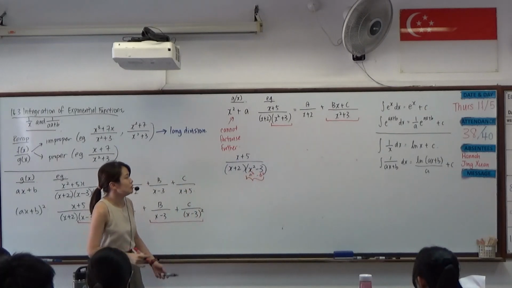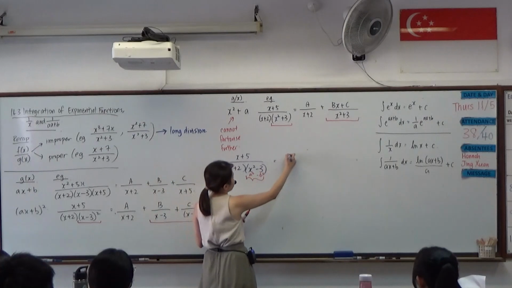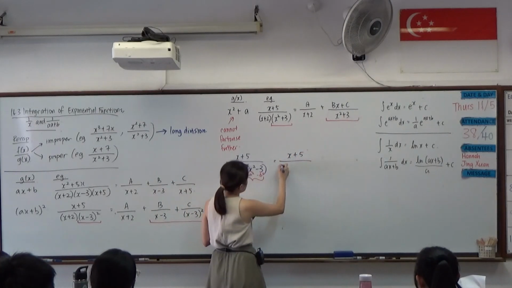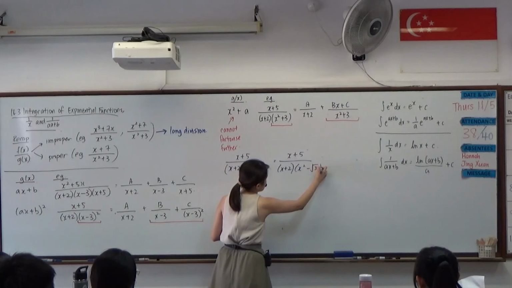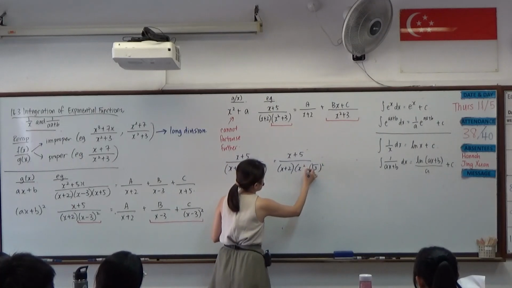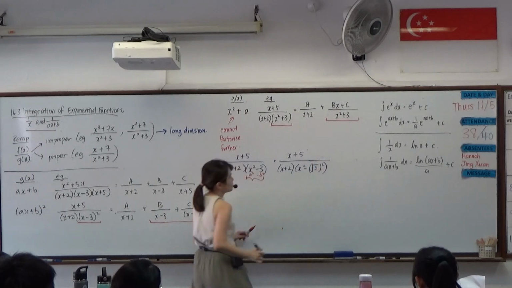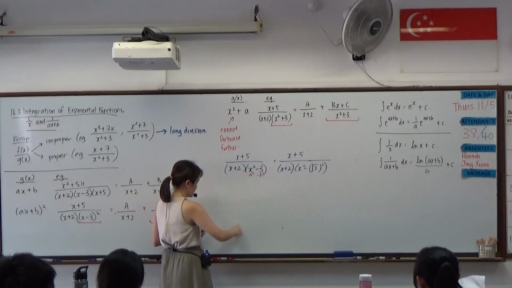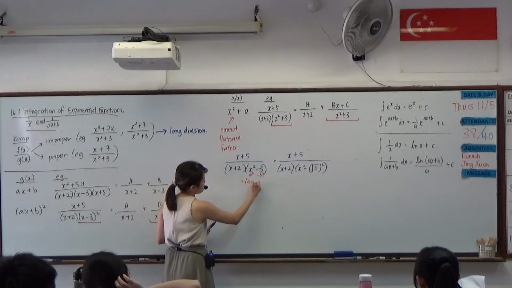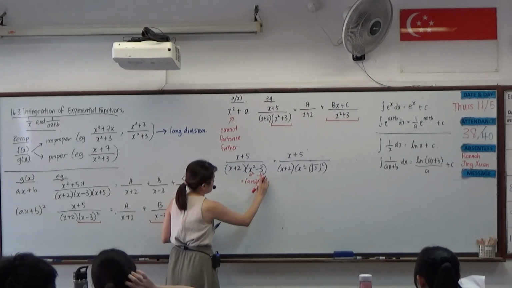So we see it as x plus 5 over x plus 2, x squared minus square root 3 squared. And a squared minus b squared is actually a plus b, a minus b.